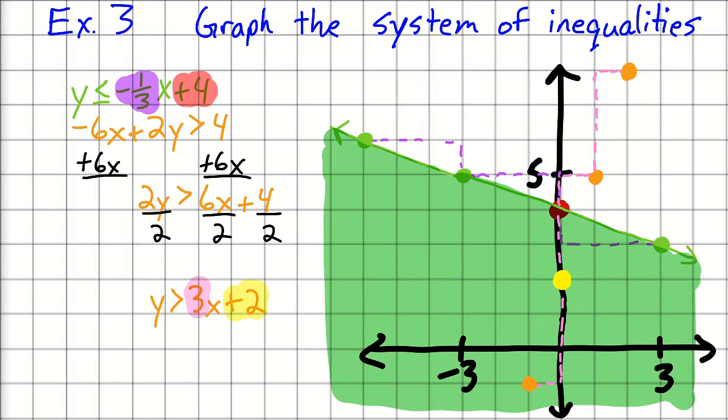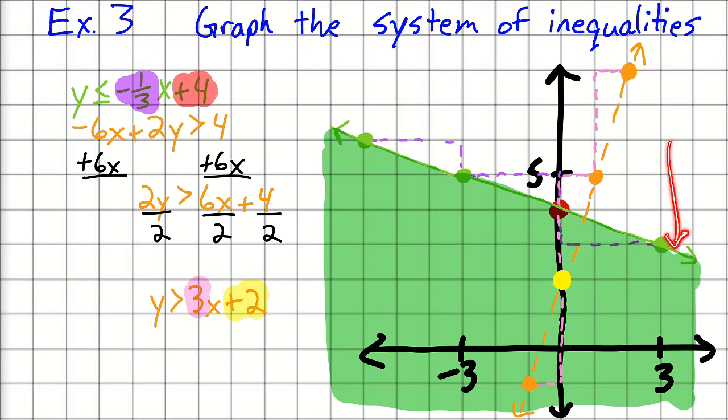So dotted lines between those orange points. And because the y value is on the left of my inequality, and my inequality is greater than, I shade above. So I shade up here because rain falls down, hits the line, and goes that way.